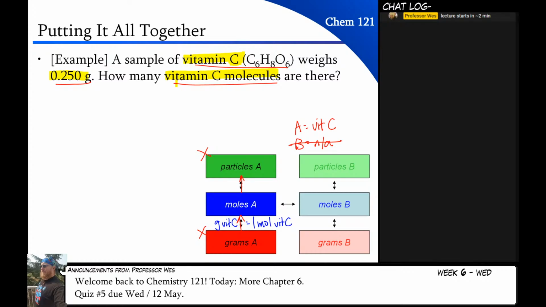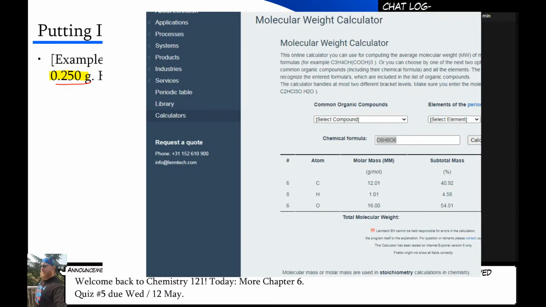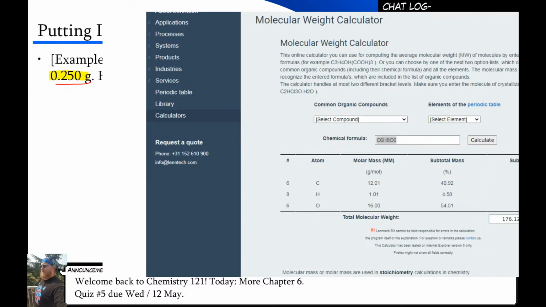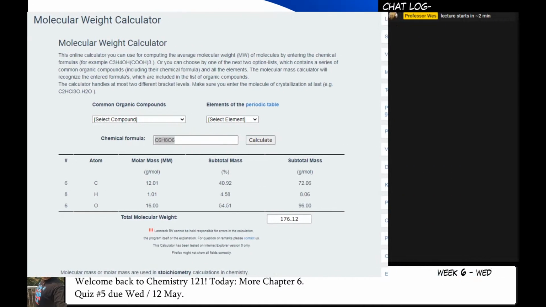I typed that in on Lentech. I guess we could window capture that, can't we? So, there it is. The molar mass of vitamin C is 176.12 grams per mole. Just in case you don't have Lentech, which you should by now, there's the link to it. You can also just look up molar mass calculator, and it will tell you online.